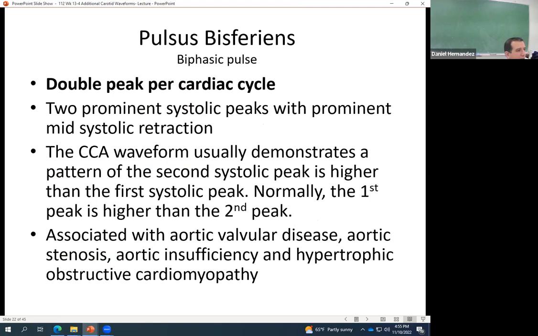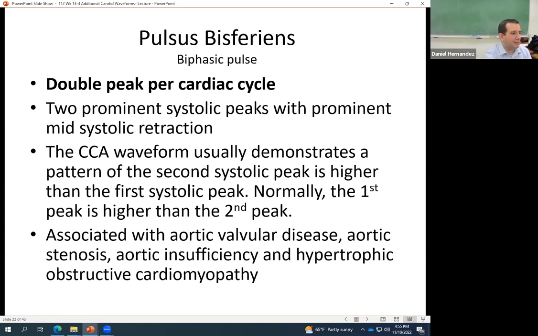So this is pulsus bisferiens. So this is referred to as a double peak. So with you and Andrew, you guys probably have a double peak when you're imaging your carotid arteries, particularly in your CCA. So this is actually normal because you guys are young, you have very elastic vessels.